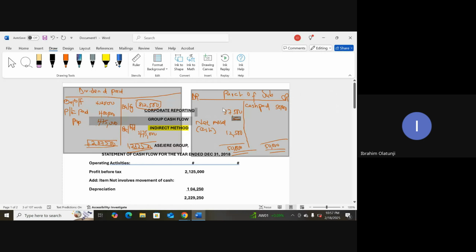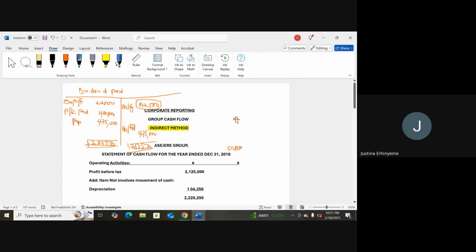So you just draw your ledger. So just say dividend paid to non-controlling interest, NCI.